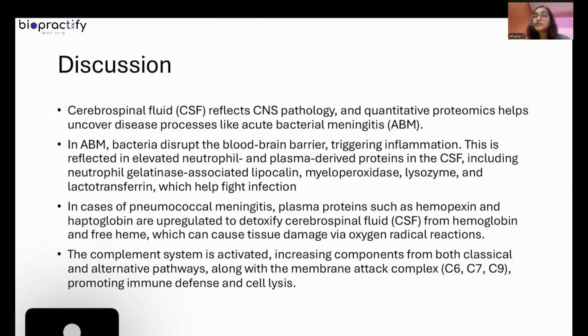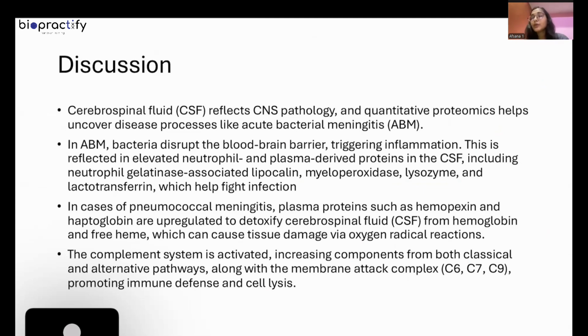In the particular case of pneumococcal meningitis, different plasma proteins are there. Special plasma proteins called hemopexin and haptoglobin get highly upregulated and they detoxify the cerebrospinal fluid. But on the contrary, they can start damaging the tissue due to the high level of reactive oxygen species. The complement system also gets activated during the meningitis or infection.